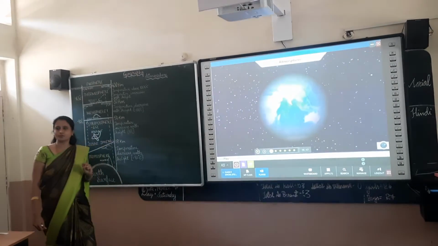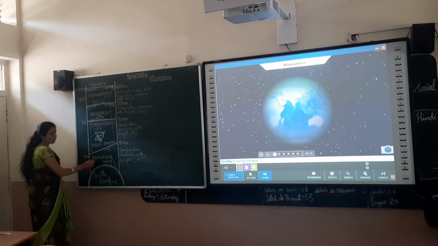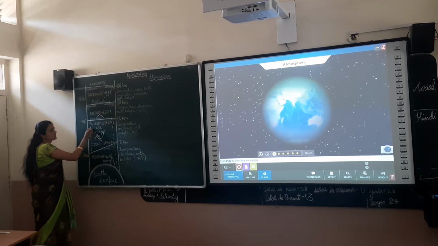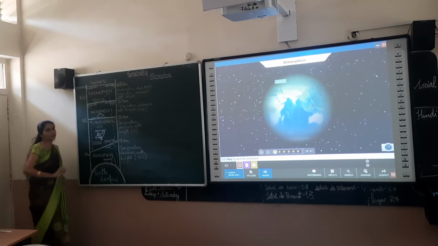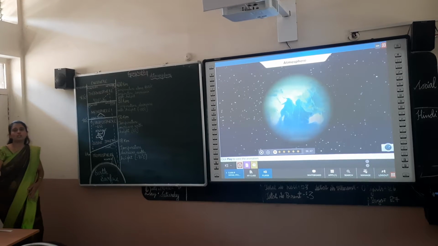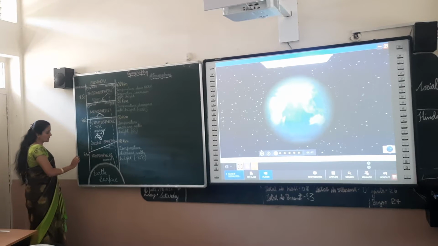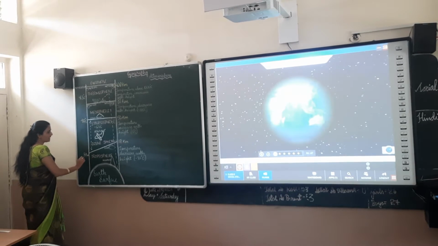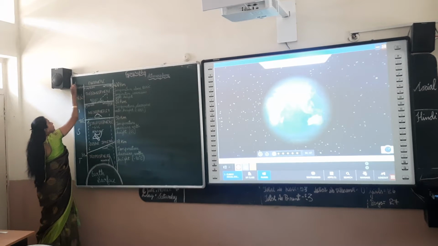How many? 5 layers. These are troposphere, stratosphere, mesosphere, thermosphere, and exosphere. These 5 layers can be easily remembered using the letters T, S, M, T, E.